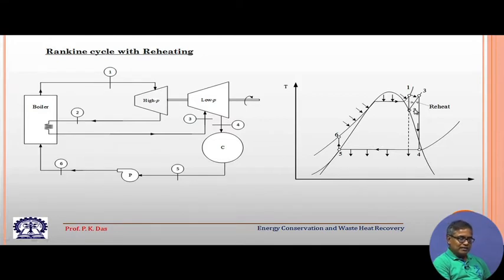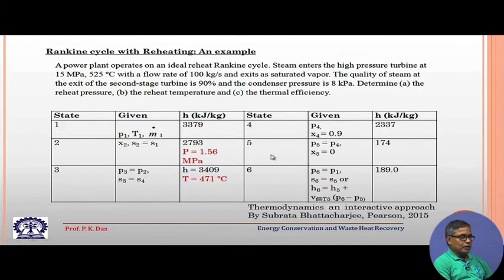So, very easily we can find the enthalpy at this point. H2 is known by this process. We have calculated H2, the enthalpy at state 2, that is 2793 kilojoule per kg, and then we go to state 3. So, what is known at state 3?